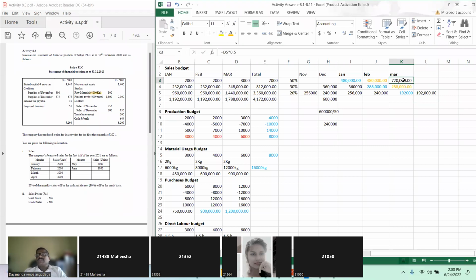And March sales, of course, you will have the March sales 50%, which is this one, and you will receive 30% of March sales, which is this, multiplied by 30%, and another 20% of March sales here.